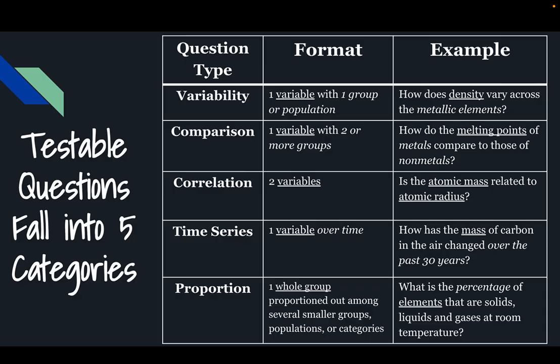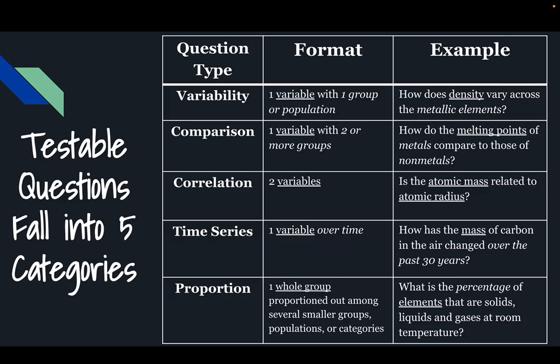A variability question has one variable that is being studied across one group or population. A comparison question basically has one variable that's being measured and it's being compared across several different groups. A correlation question is looking for a relationship between 2 numeric variables.